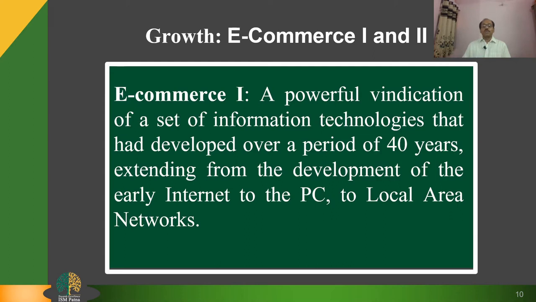Now, e-commerce 1. For computer scientists and information technologists, e-commerce 1 was a powerful vindication of a set of information technologies that had developed over a period of 40 years, extending from the development of the early internet to the PC to local area networks.